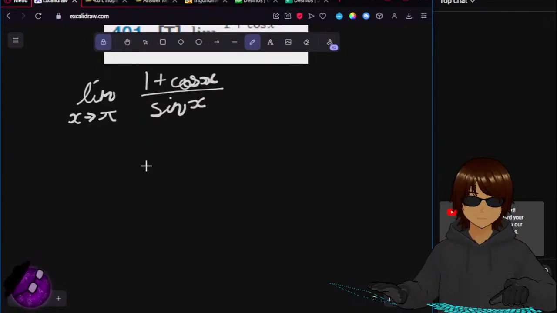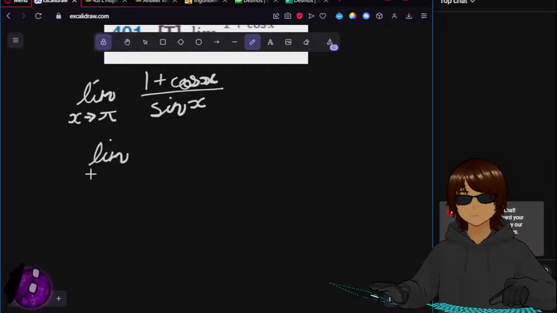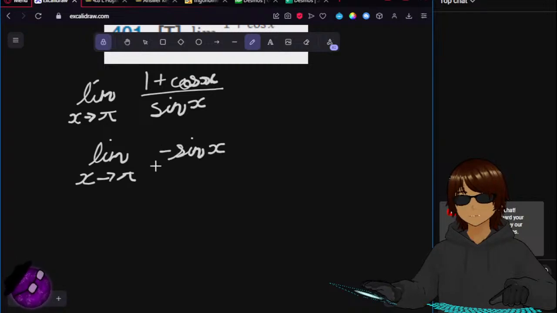We have a 0 over 0 case, then we find the derivative of each. Derivative of 1 is 0. Cos x is minus sin x. Sin x is cos x. Now we have a problem.